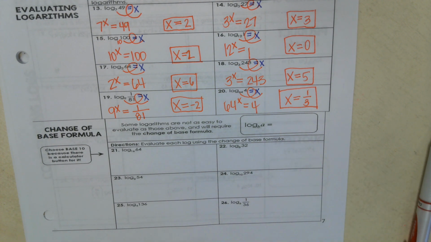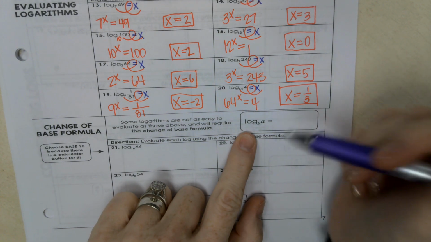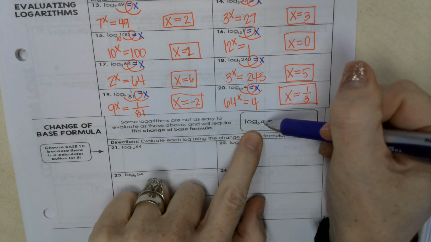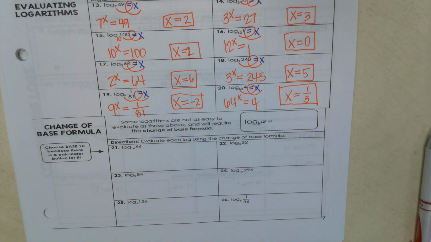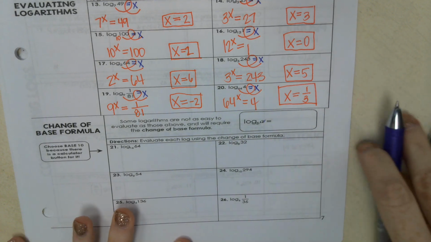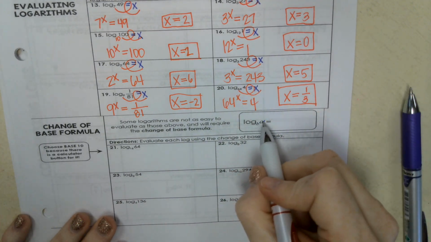All right. Now, some of our calculators don't have the capability of typing in something like log base 2 of 16 to get an answer. So what people figured out in the past is that we can do what we call the change of base formula. So right here, we have log base b of a.